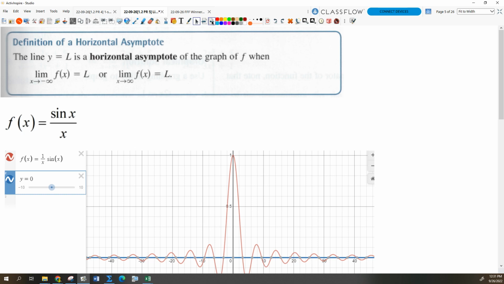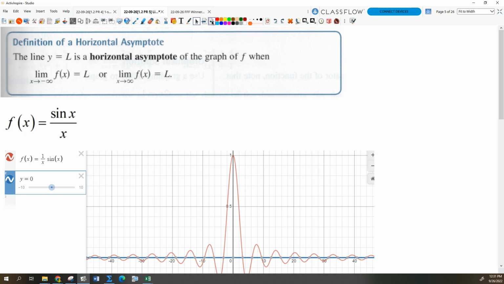So the concept here is if we want to find horizontal asymptotes, we have to explore the behavior of the function way out at its infinite tails, way out infinitely far to the right or infinitely far to the left.